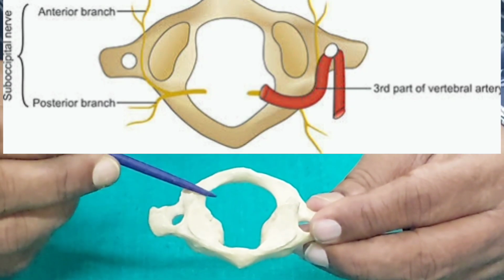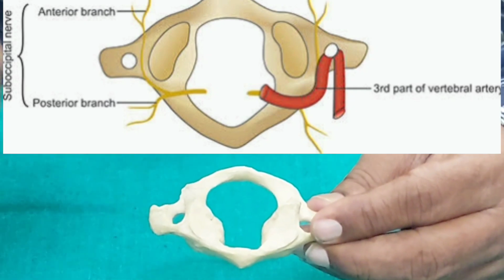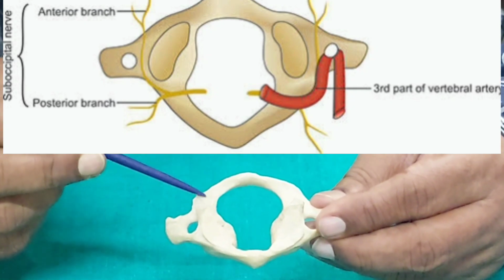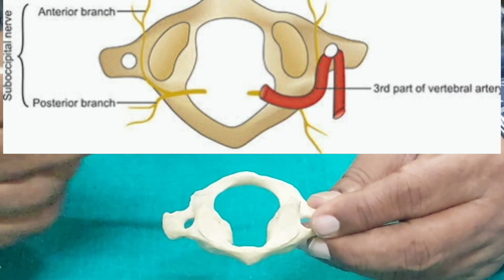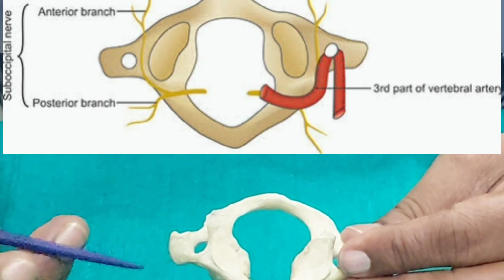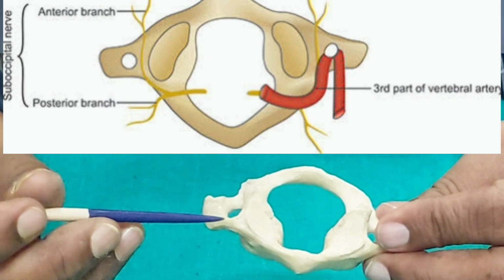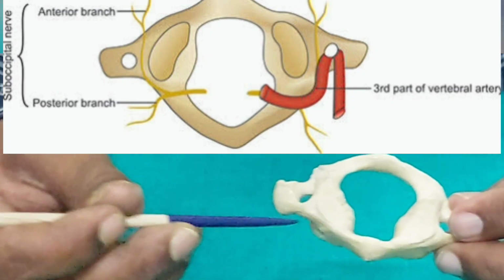Then it divides into two branches, anterior ramus and posterior ramus. The posterior ramus passes over the posterior arch in this way, and then it supplies the muscles of the suboccipital triangle. The ventral ramus winds round the superior articular facet of the lateral mass and descends in front of this transverse process.